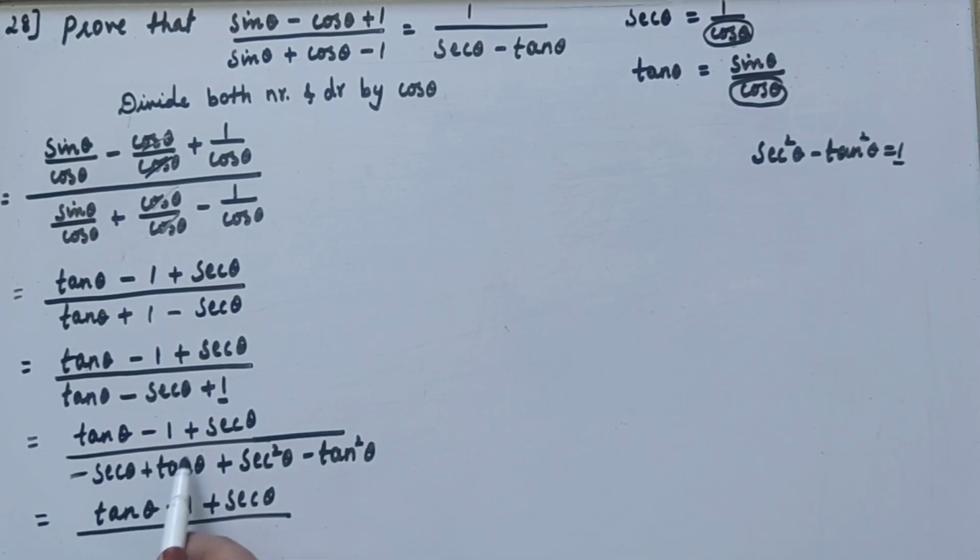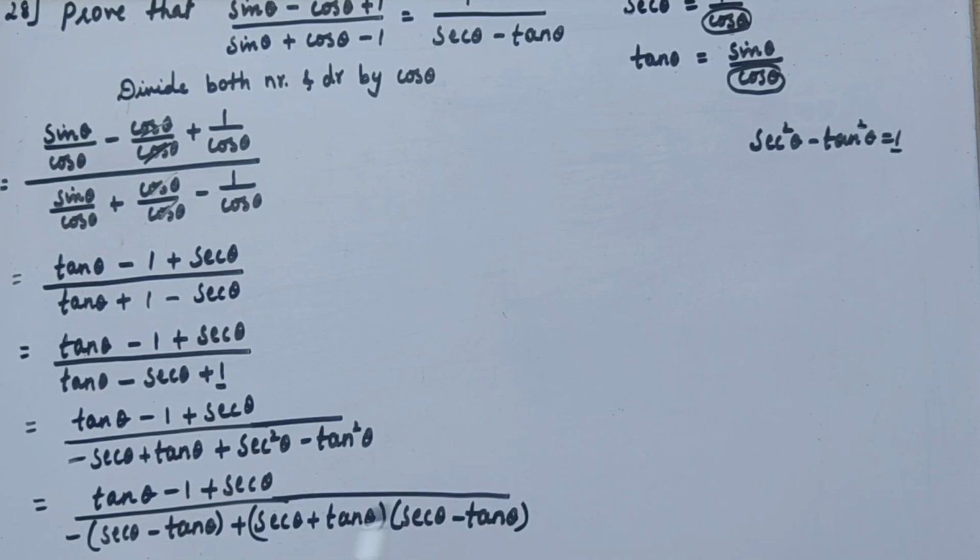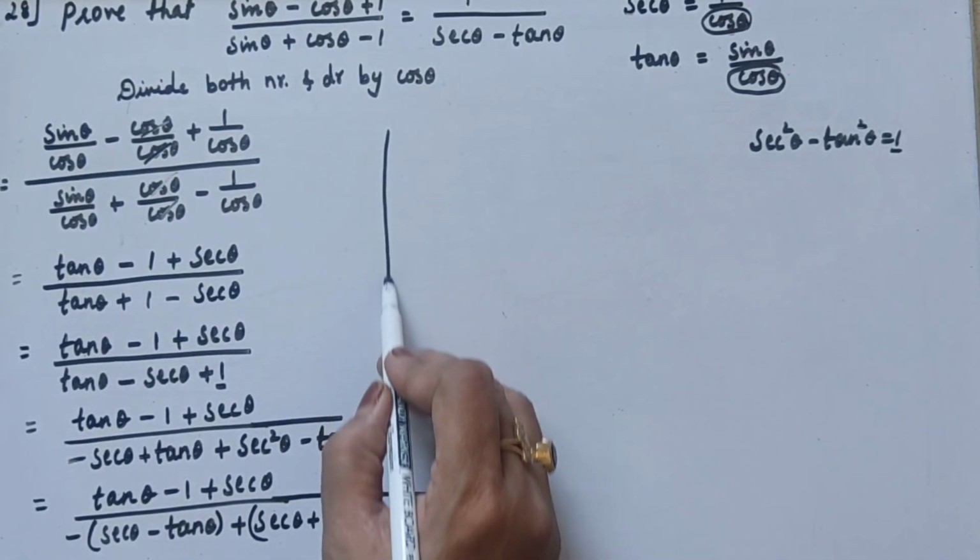Now we'll just do groupings here, minus of (secant theta minus tan theta) plus, this is in the form of a square minus b square. Can you see, students? This can be written as a square minus b square. A square minus b square will be (a plus b)(a minus b). Okay, hope this is clear.